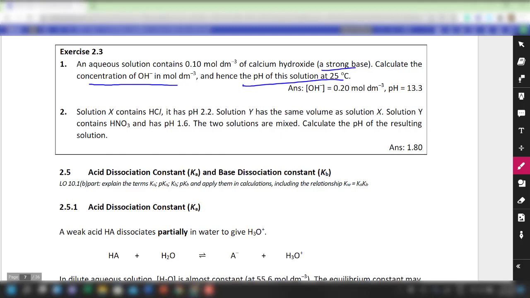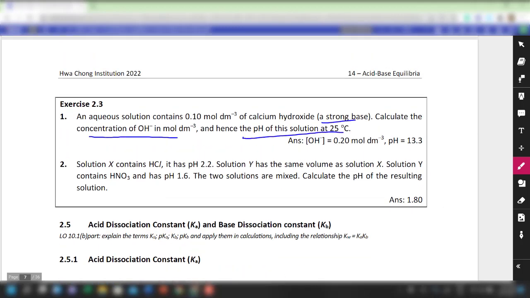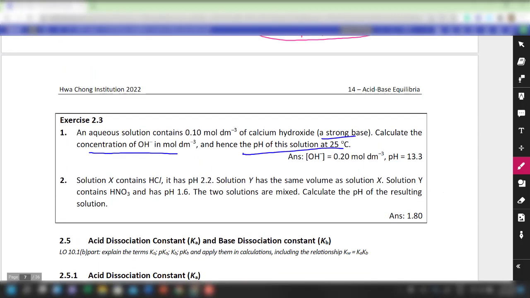Even if they don't tell you 25 degrees Celsius, you can assume that, because there's kind of no choice. Again, we will use the same logic, because calcium hydroxide is a diacidic base. Therefore the concentration of OH minus is simply 0.10 multiplied by 2, so I'm going to get 0.20 moles per dm cube.